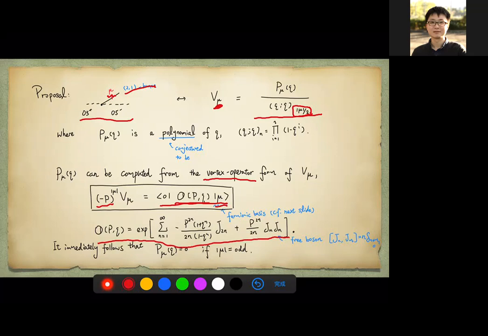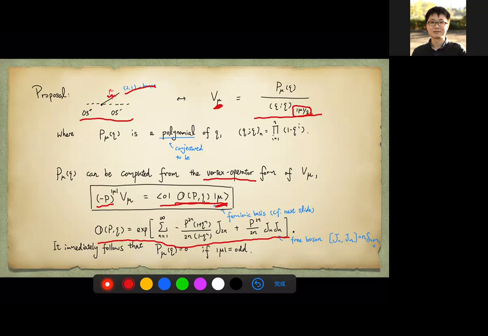Although mu here is formulated in the fermionic basis, the vertex is a completely bosonic one, and we can use the free boson oscillators to write it in this form.